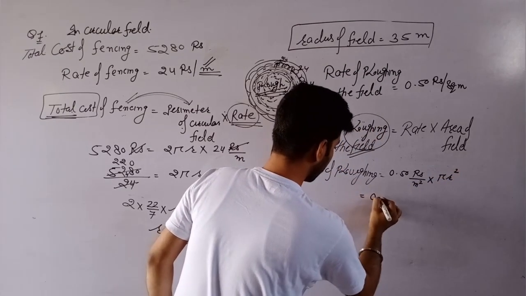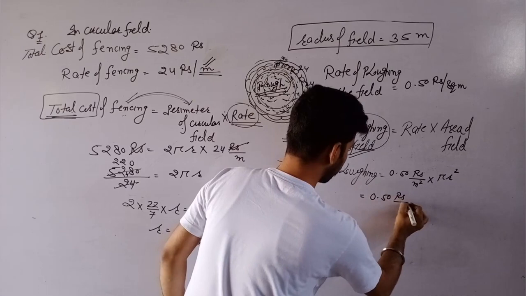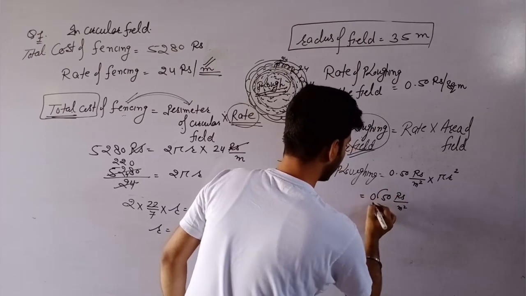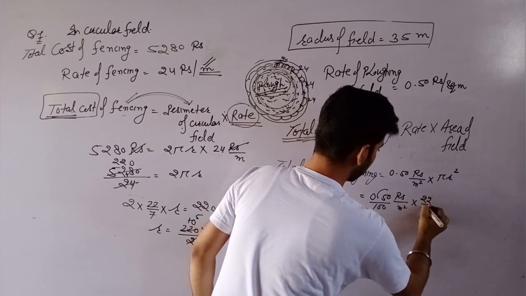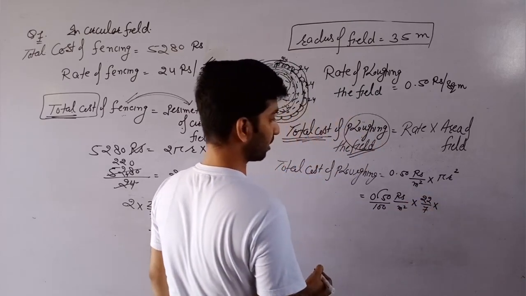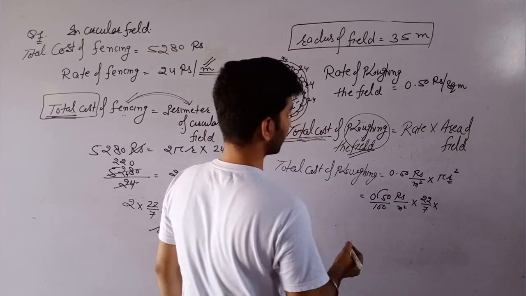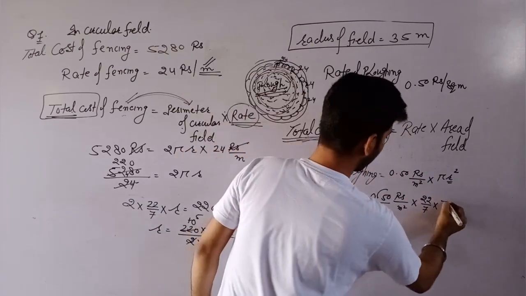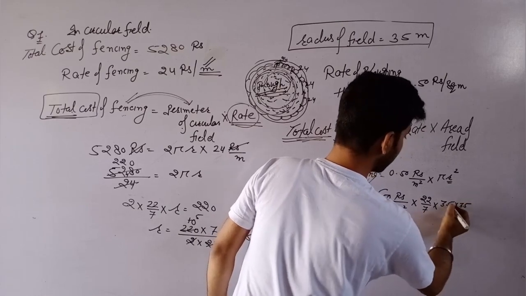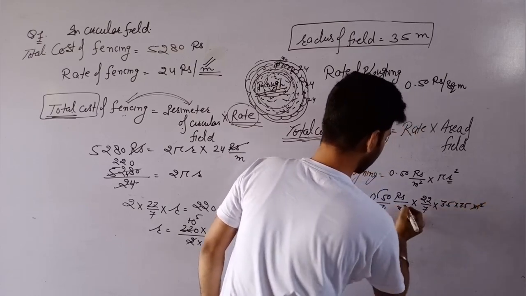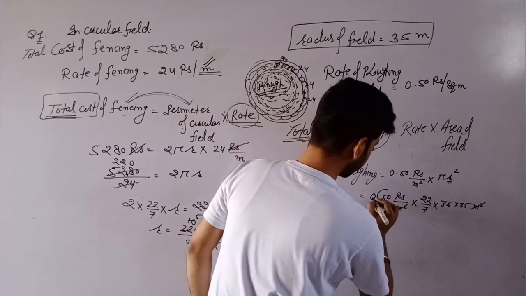So 0.50 rupees per meter square, remove the points and divide by 100, multiply pi is 22 upon 7 multiply r, radius is 35, square, meaning 35 meter square, cancelled by meter square.